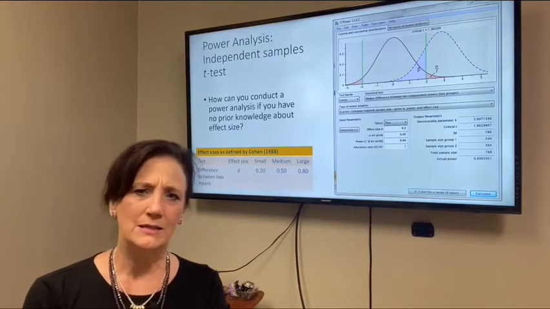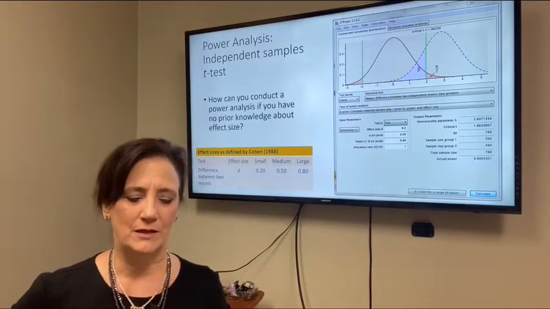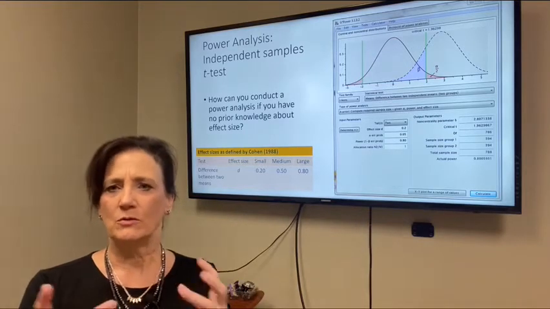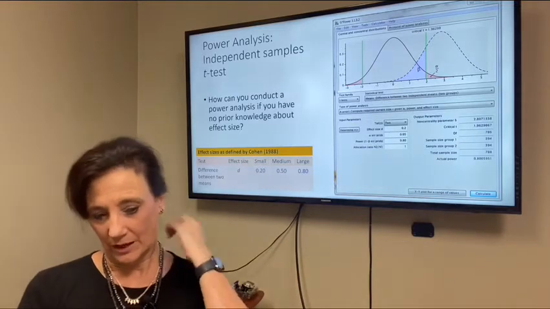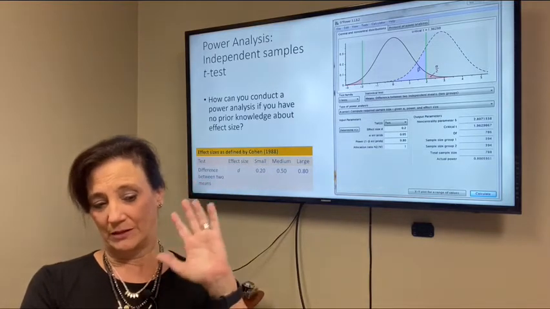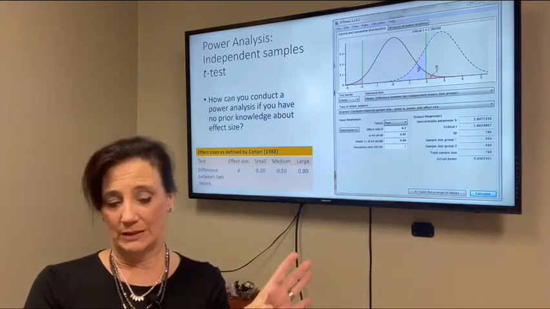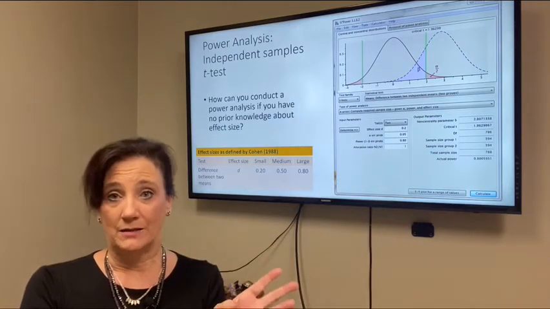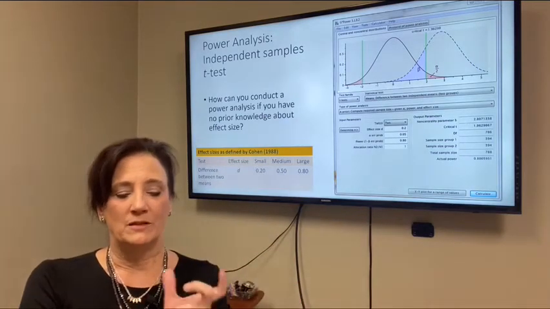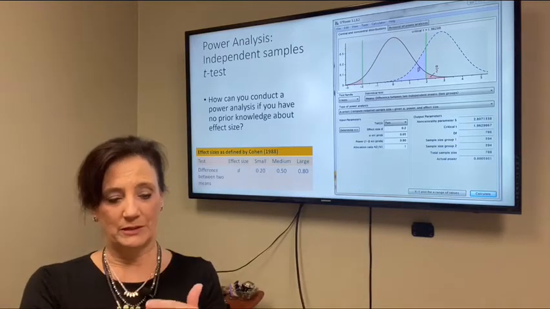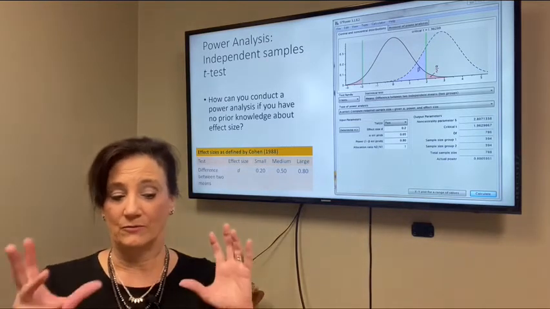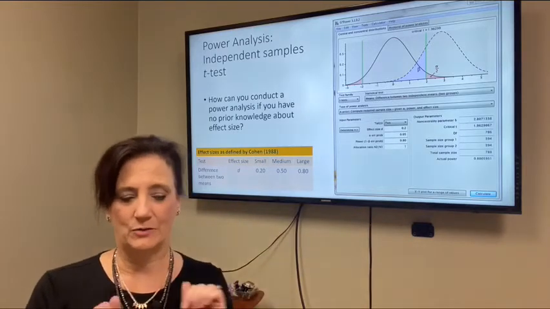One of the things I haven't said in any of the other lessons is, what do you do about values that fall in between? Well, obviously, if a value is below 0.1, I would say the effect size is pretty negligible. If it's between 0.1 and 0.2, I would probably term it somewhere in the very small effect size range.